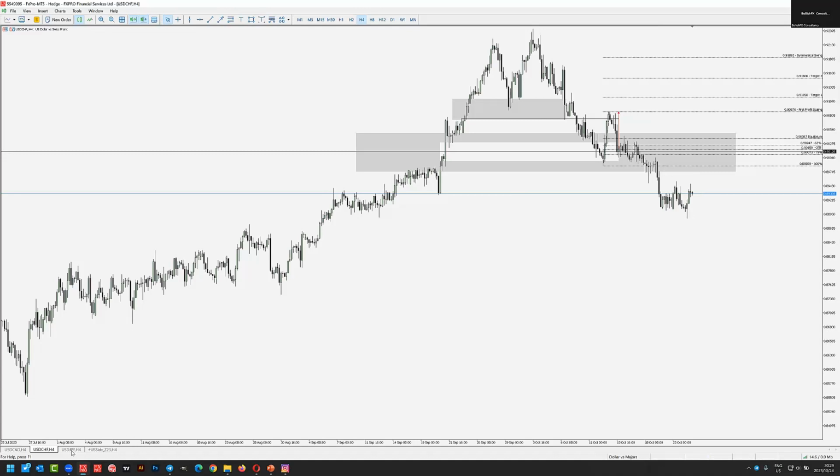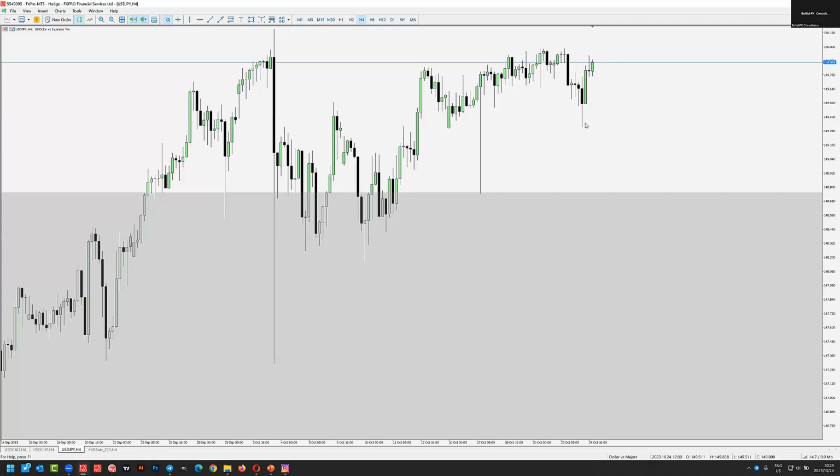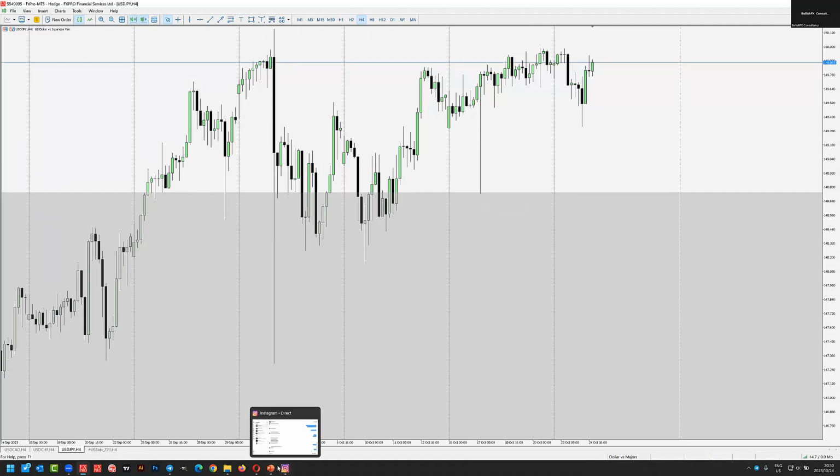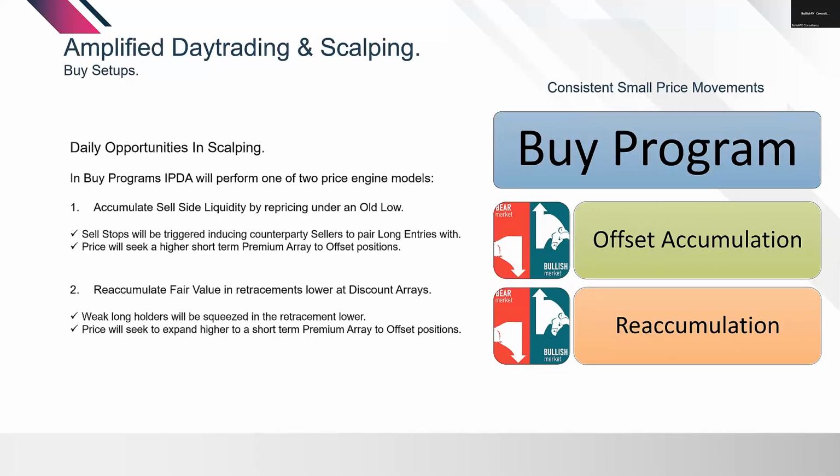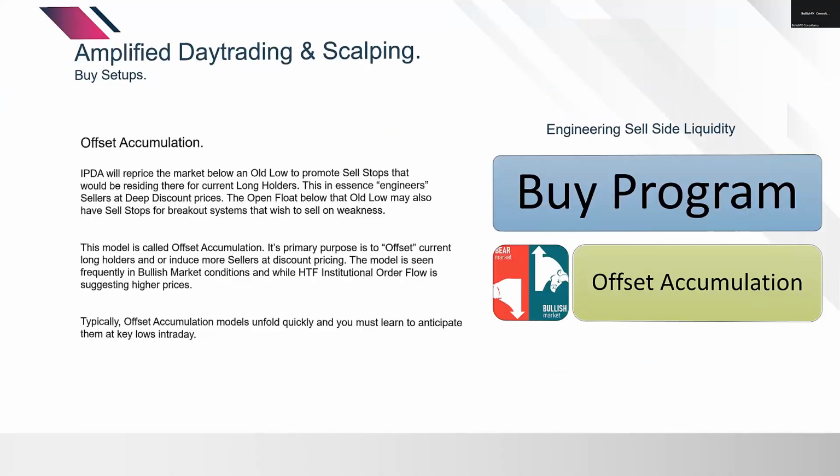If you look at USD JPY, USD JPY did not run last week's old low. Control Y. You see, this is last week's old low on USD JPY. Price is up here. So understanding offset accumulation and reaccumulation is important for your buy program if you're looking for long entries.